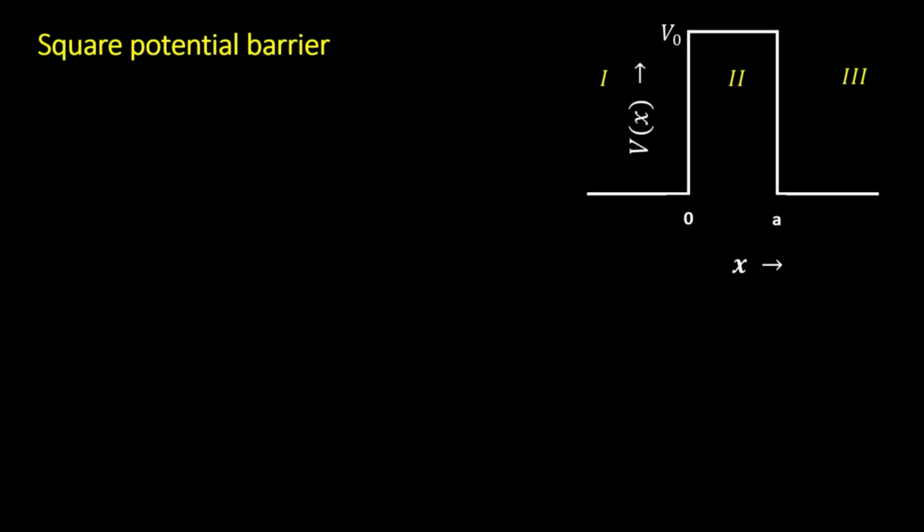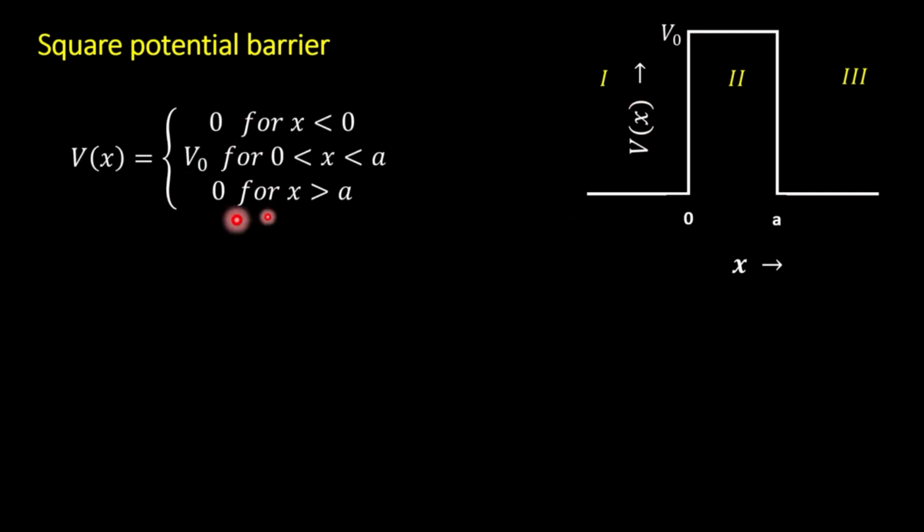So let's consider a beam of particles of mass m approaching a square potential barrier defined by these expressions. So the potential is 0 up to x equal to 0, the reference level, and it has a potential of V0 for the range of x from 0 to a, and then again after a the potential drops to 0.